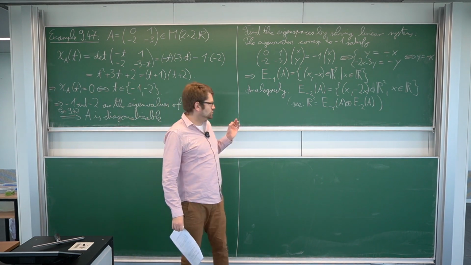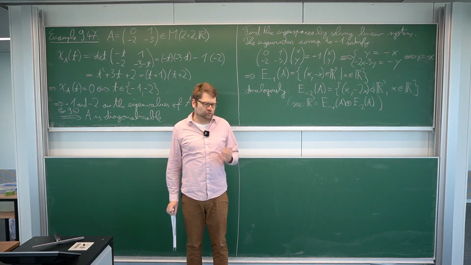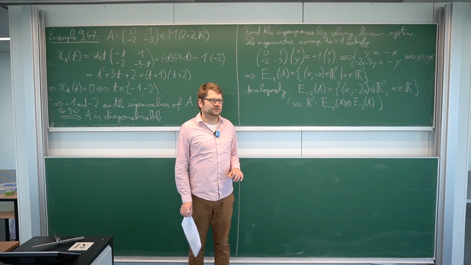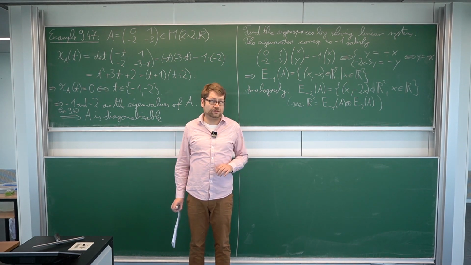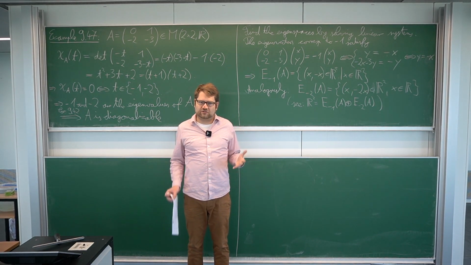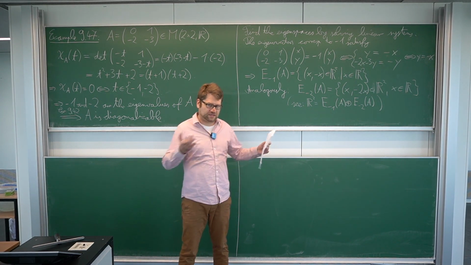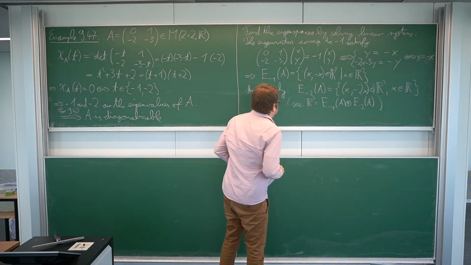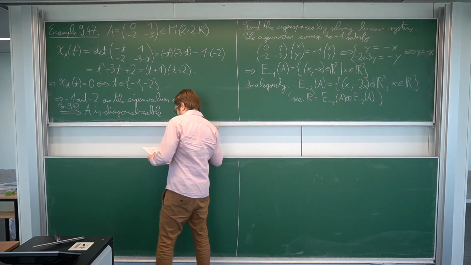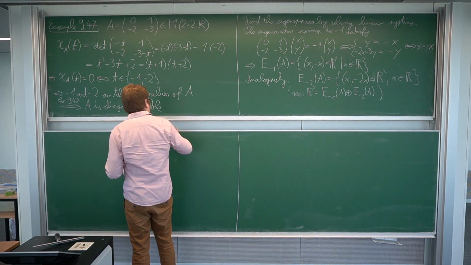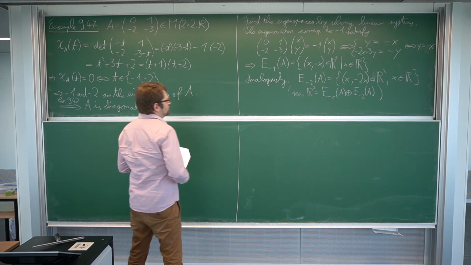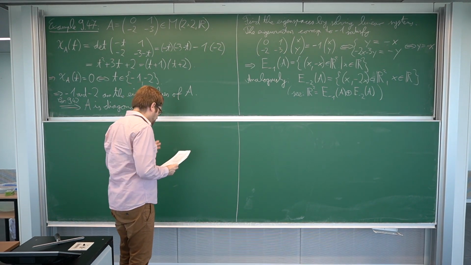And as we learned previously in section 8.4, I think it was, the solution set of homogeneous systems of linear equations is always a linear subspace of k to the n. Okay, so this all works out nicely. So this is the way we can, in principle, find eigenvalues and eigenvectors of a matrix, which is good.